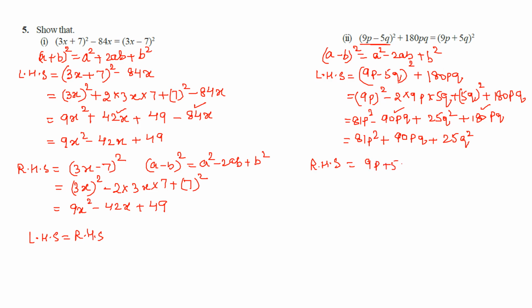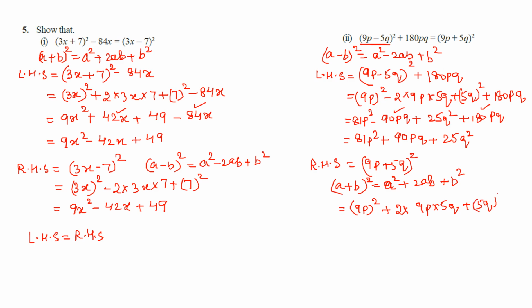(9p plus 5q) whole square. So here I have to use the identity (a plus b) whole square, which will give me a square plus 2ab plus b square. So your a is 9p here. So a square means (9p) whole square plus 2 into 9p into 5q plus (5q) whole square.